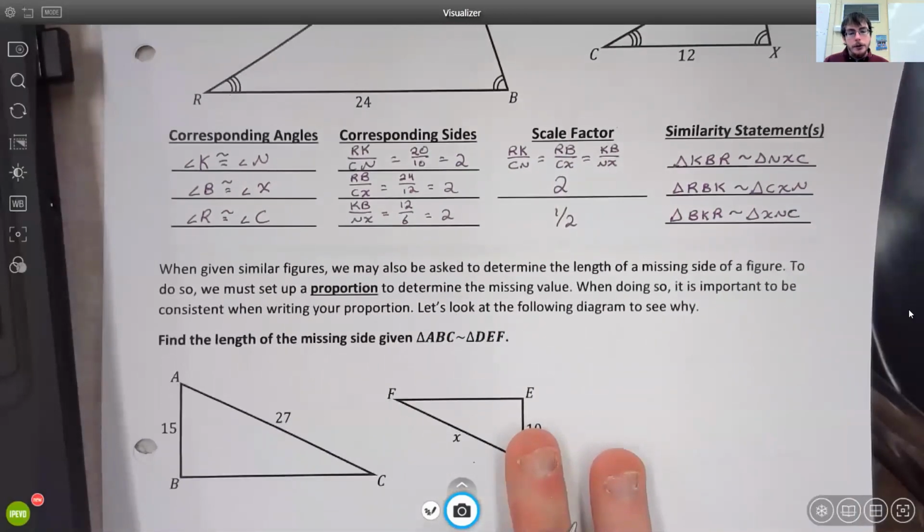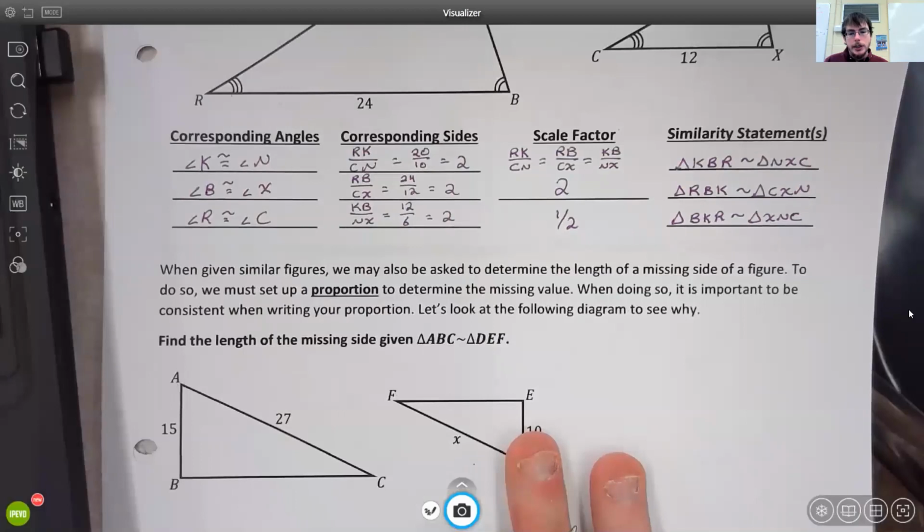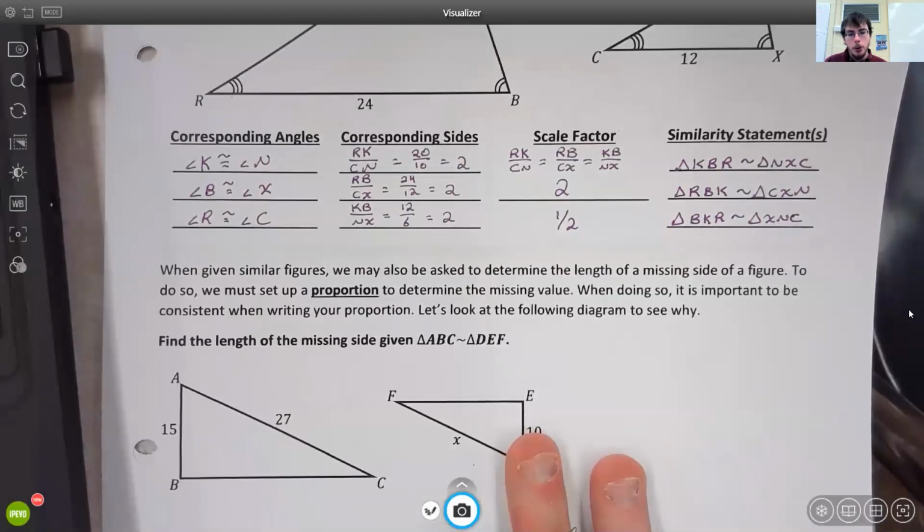Now, when given similar figures, we may also be asked to determine the length of a missing side of a figure. To do so, we must set up a proportion to determine the missing value. When doing so, it is important to be consistent when writing your proportion. Let's look at the following diagram to see why.